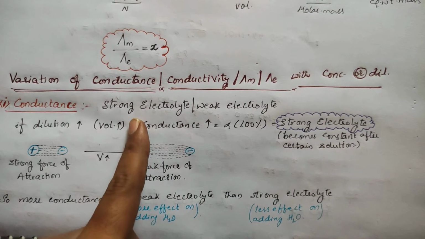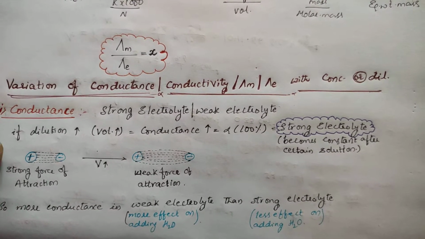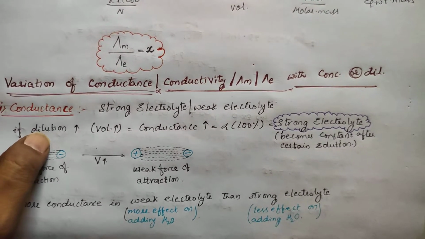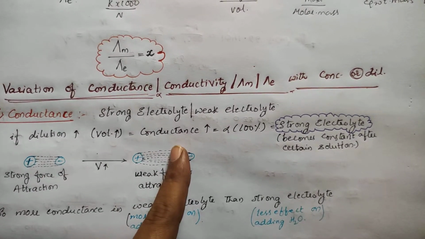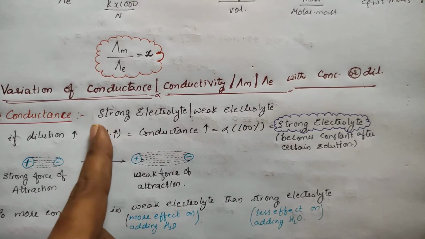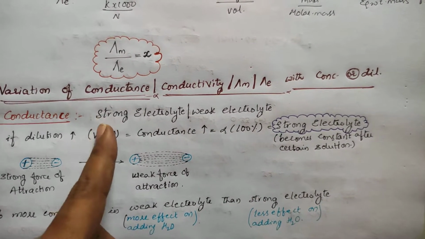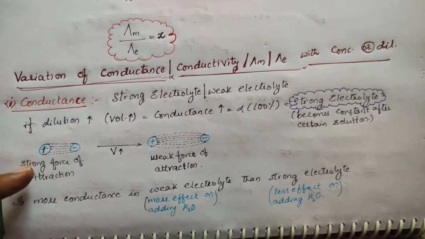Because it is a strong electrolyte, it has a high degree of dissociation. So conductance increases due to the increase in the degree of dissociation, which reaches 100% very easily because it is a strong electrolyte.